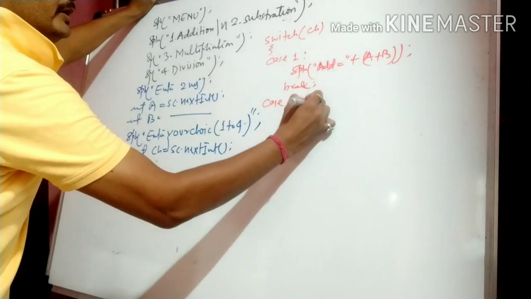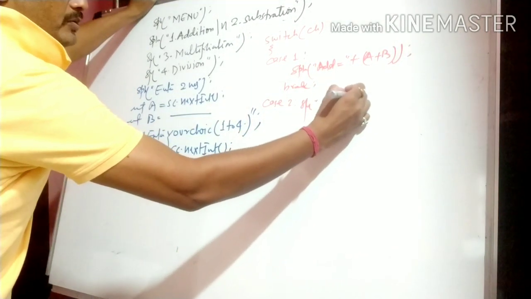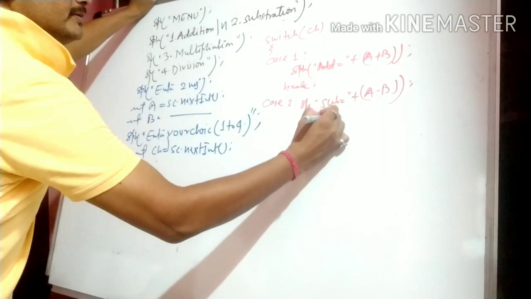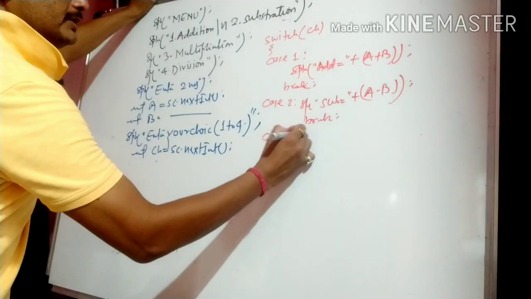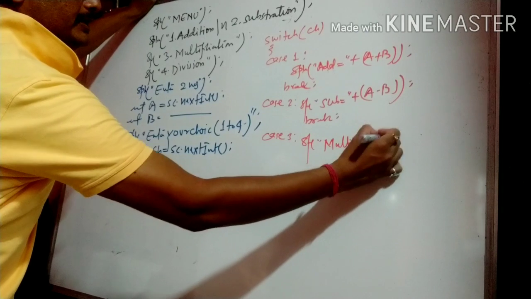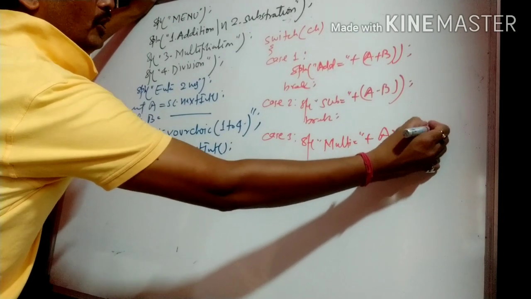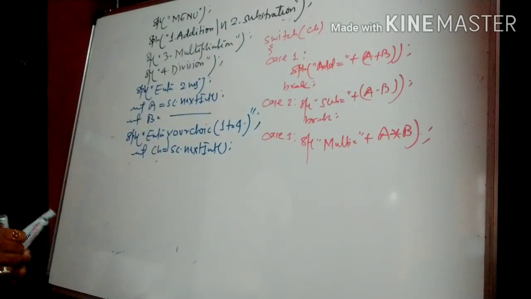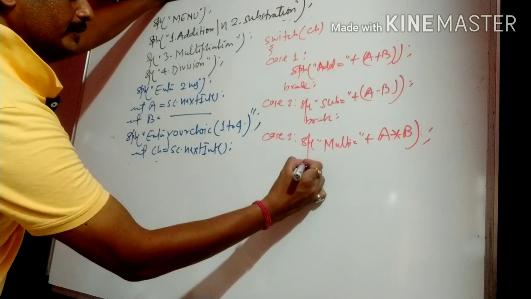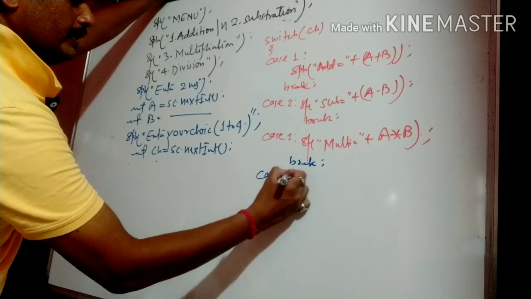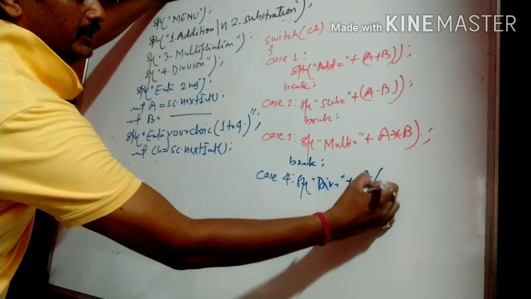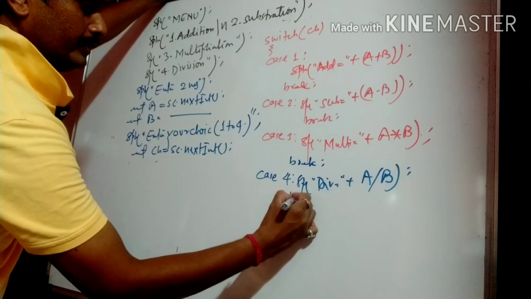Case 2, subtraction, a minus b within brackets, break. Case 3, multiplication, that is a into b, brackets are optional because as per precedence of operators it will execute that first. And here is a break, don't miss the break. Case 4, division, a by b, break.